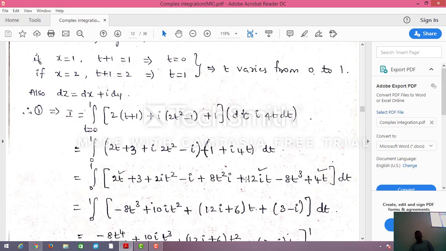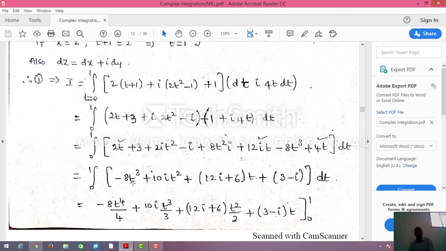And next I am writing 12it plus another it term, 6it, that one I have written, 12i plus 6t. Where is that 6t from? See, 4t plus 2t is nothing but 6t. Next one should be 3 minus i into dt.